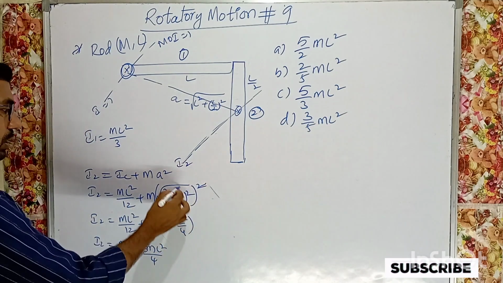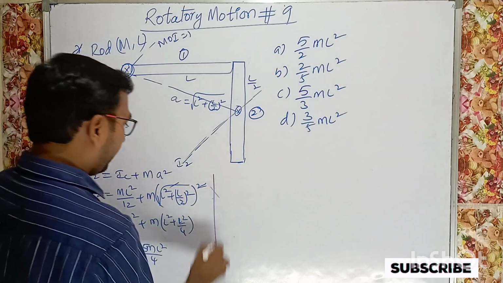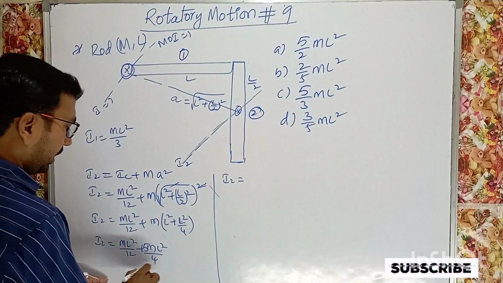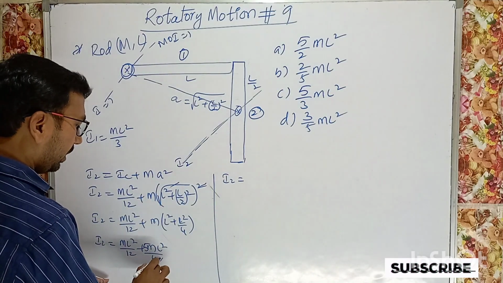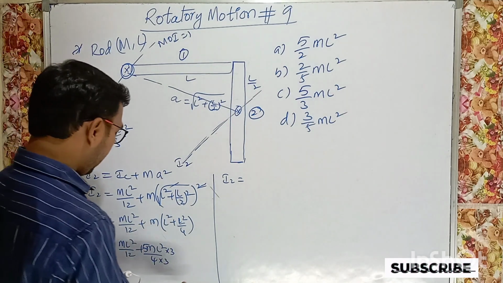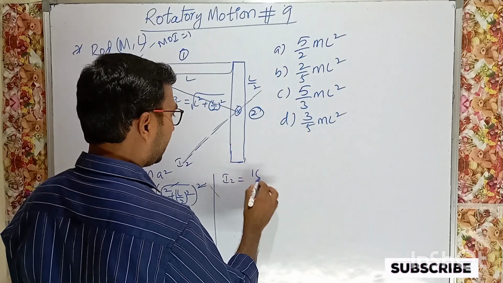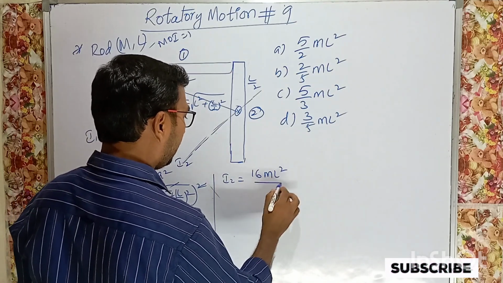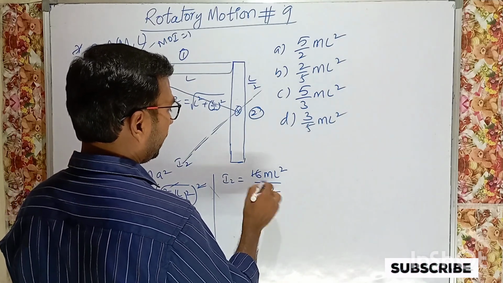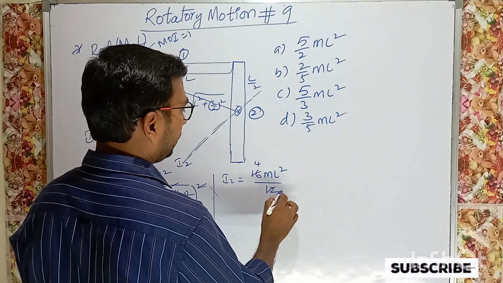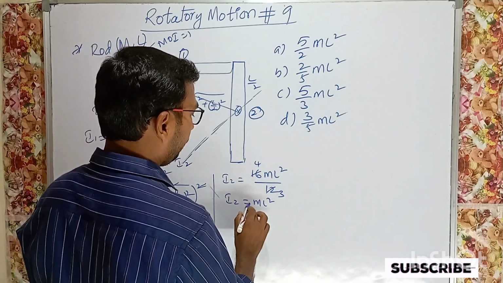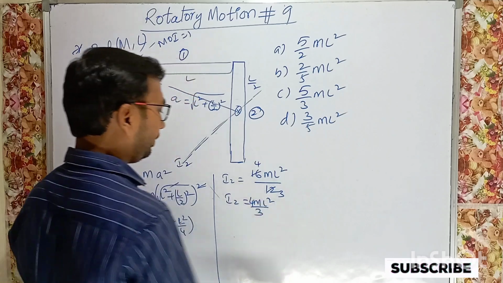The root cancels. So I2 is equal to, here 12 is there, here 4 is there, multiply by 3 and divide by 3. So 3 fives are 15, plus 1, 16 M L square by 12. So 4 fours, 4 threes. So I2 is equal to 4 M L square by 3.